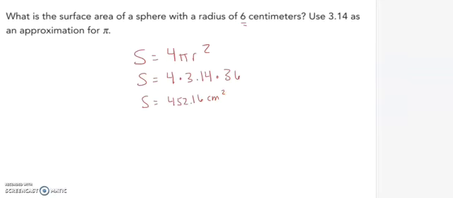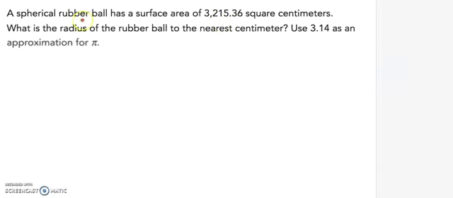All right, next one. A spherical rubber ball has a surface area of 3,215.36 square centimeters. What is the radius? So we have different information now. Surface area equals 4 pi r squared. We know the surface area this time is 3,215.36.